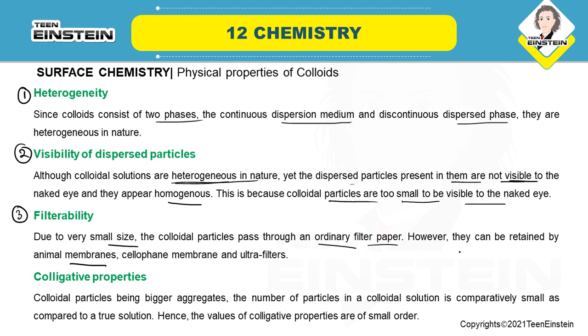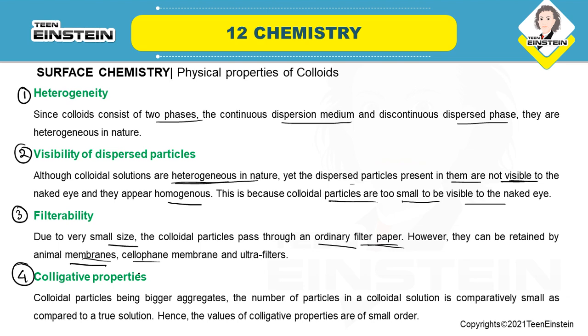So with this type of ultra filter, you can retain colloidal particles, because the pore size is very small, unlike filter paper. But if you take a true solution, even after using this type of membrane, we will not be able to filter it. In case of colloid, it is possible.